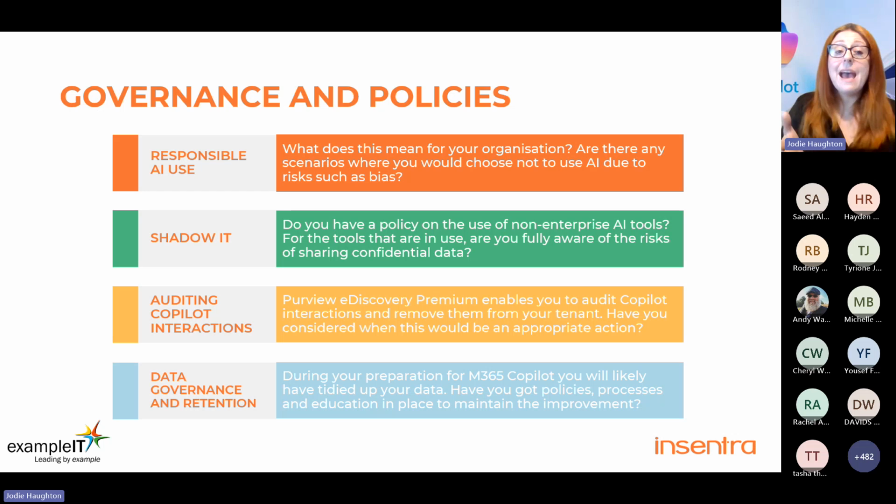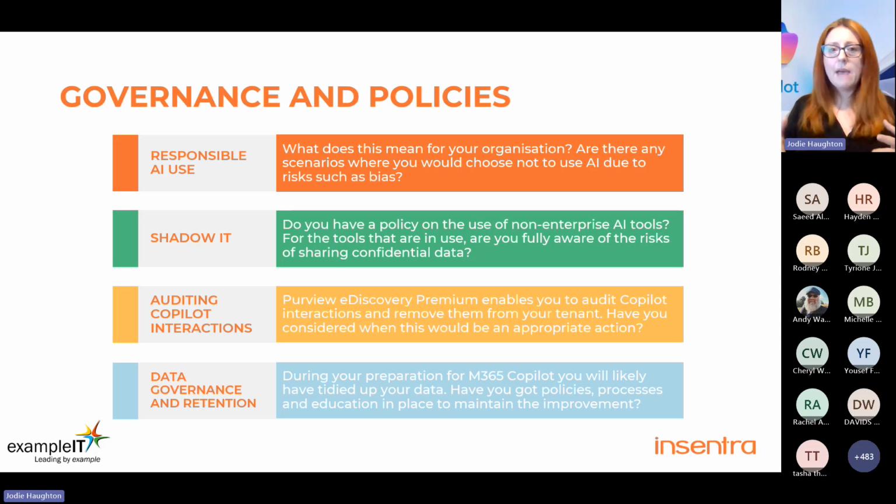Now, we can audit Copilot interactions as well. So when you've got your licenses up and running, you might want to be looking at Purview eDiscovery Premium. Have a look at the Copilot interactions that are happening in your tenant. And if someone asks Copilot for something they really shouldn't have, you can get in and you can delete that interaction and the response that Copilot gave.